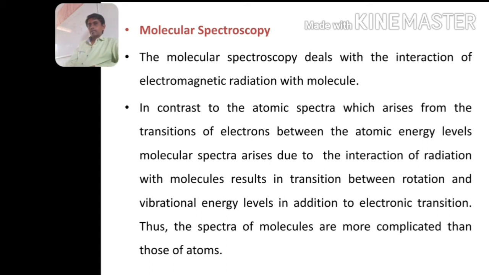In contrast to atomic spectra, which arise from transitions of electrons from a lower energy state to a higher energy state on absorption of electromagnetic radiation, molecular spectra arise due to the interaction of electromagnetic radiation with molecules, which results in transitions between rotational and vibrational energy levels in addition to the electronic transition.